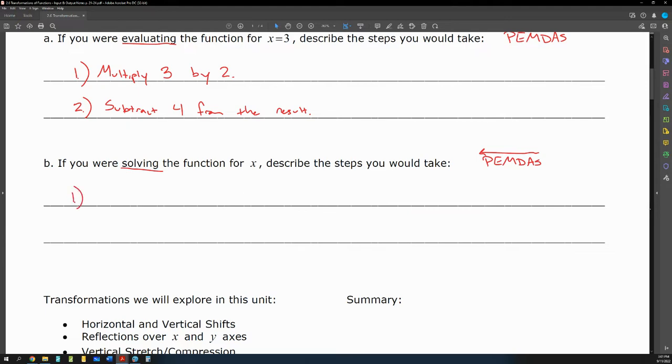So if I wanted to solve for x, the first thing that I would have to do is add 4 to both sides of the equation. After we do that, then we have to divide both sides of the equation by 2.